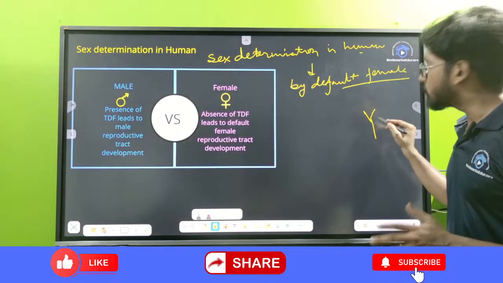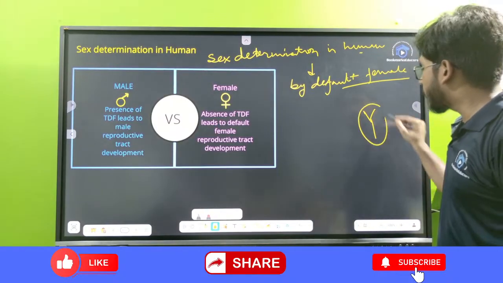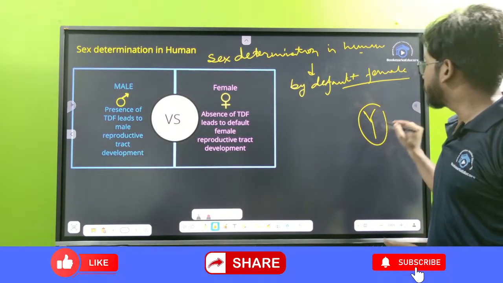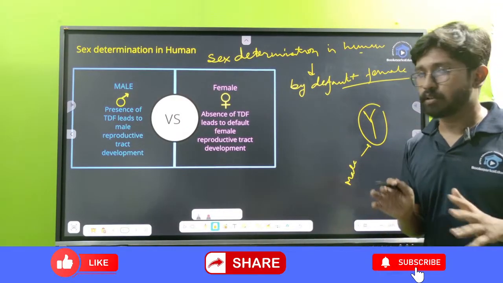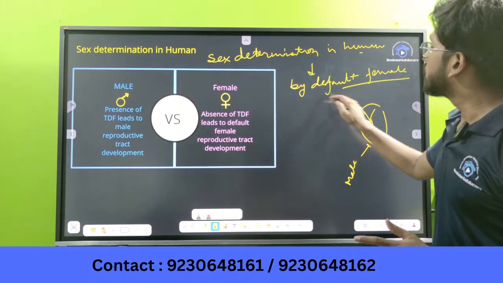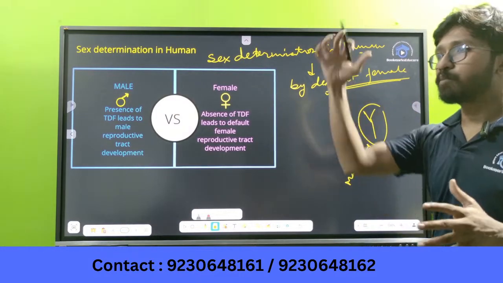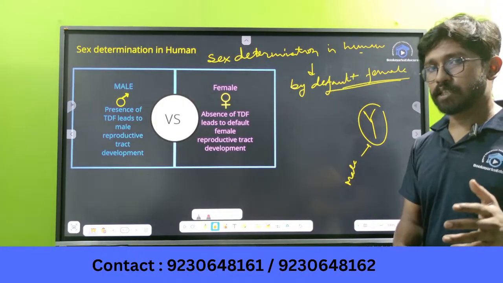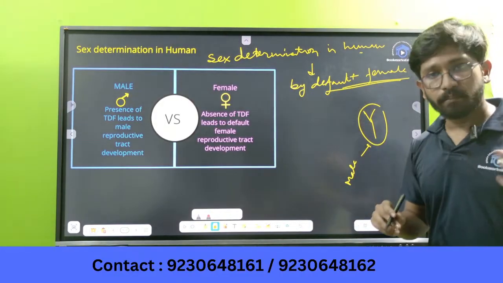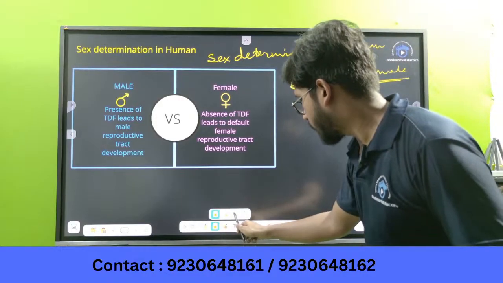If there is a different code provided by Y, then they will become male. This is a very important concept. Remember it properly. By default, humans are programmed to become female. If you have the Y chromosome present in your genetic system, then you will become male. How? Let's see that.